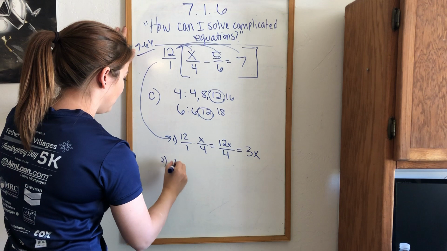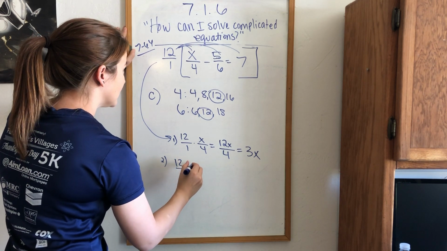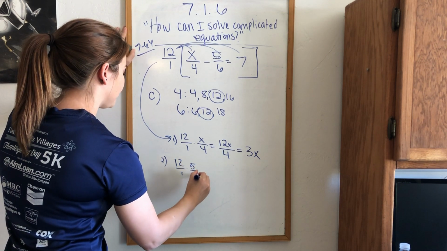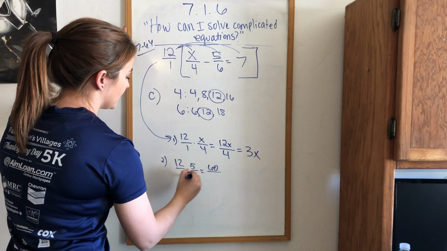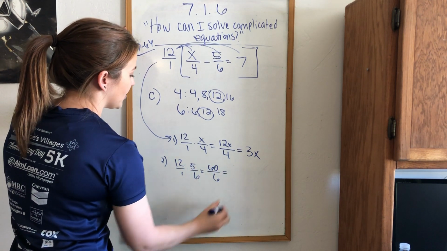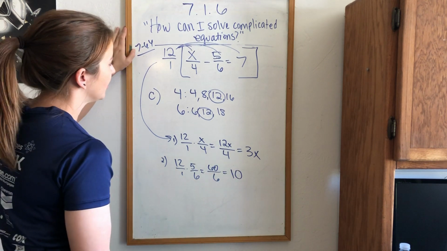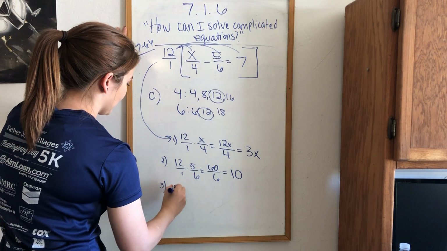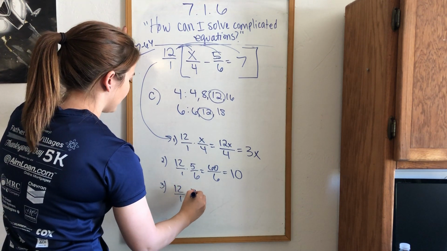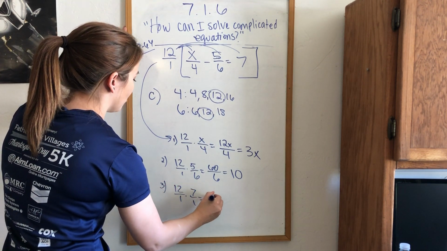So let's do 12 over 1 times 5/6. 12 times 5 is 60. 6 times 1 is 6. 60 divided by 6 is 10. Nice whole number. Okay, let's do term 3, which is 7. 12 over 1 times 7 over 1 is 84.